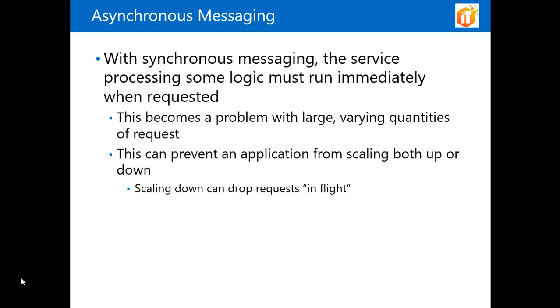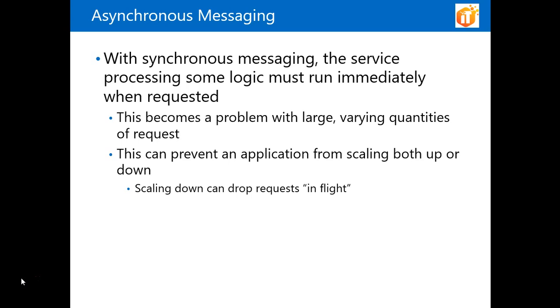Messaging is a key strategy employed in many distributed environments such as the cloud. It enables applications and services to communicate and cooperate and can help to build scalable and resilient solutions. So messaging supports asynchronous operations, enabling you to decouple a process that consumes a service from the process that implements the service.